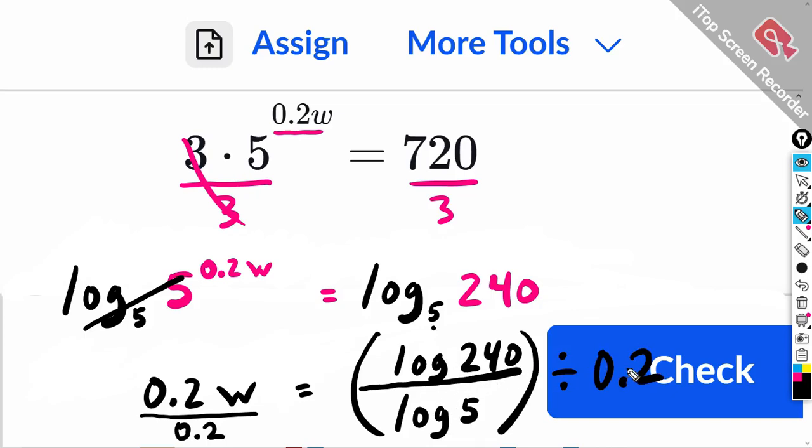I'll do log of 240 divided by log of 5, hit equals, divided by 0.2, hit equals, and rounding off, 17.027.